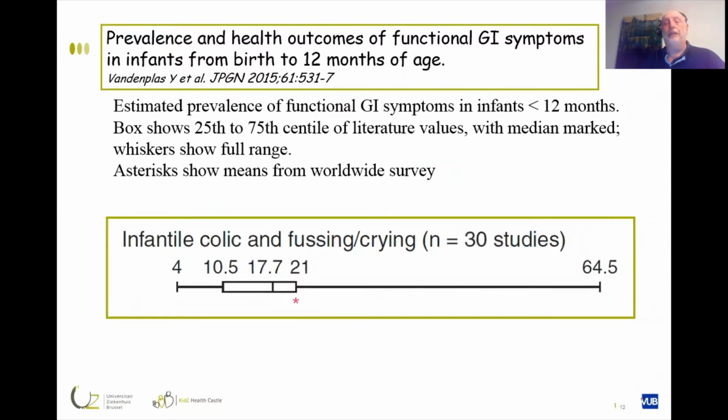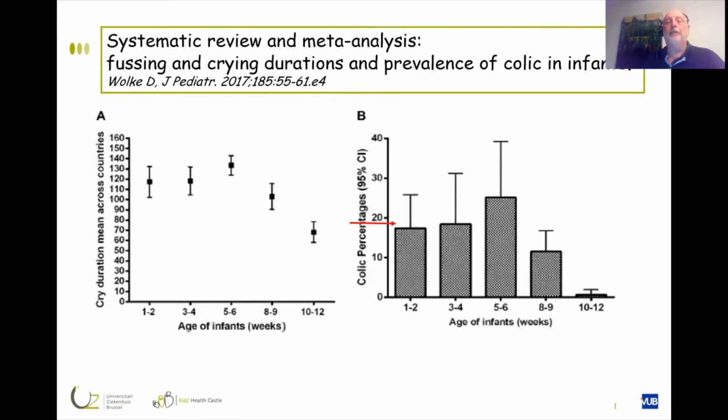The same incidence is reported for infantile colic. The median is 18%, and the 75th percentile is 21%. So infantile colic occurs in about 20% of all infants.